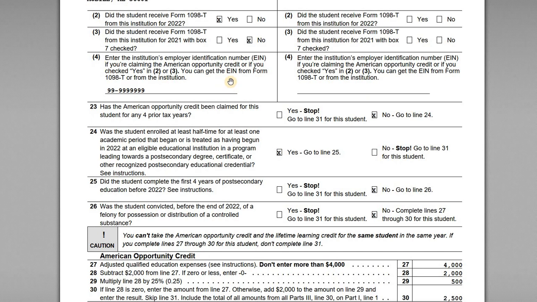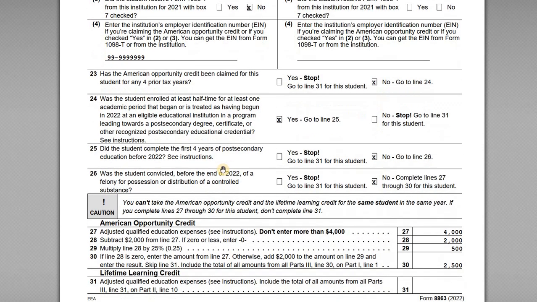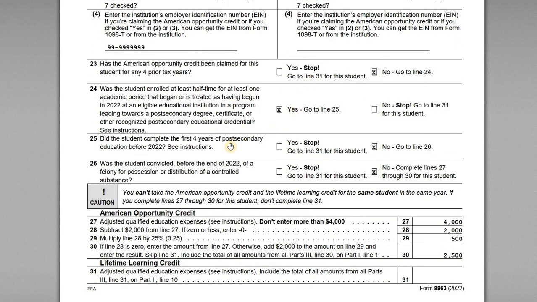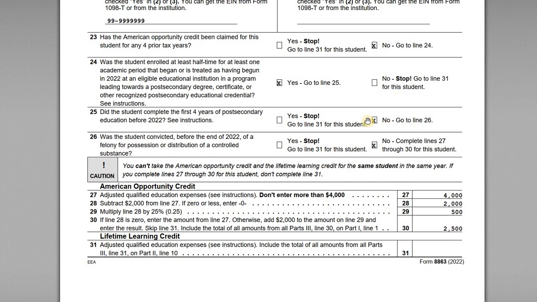Again, you can pull all this information off the 1098-T. And then the same questions as they were posed to Adam. We have not claimed the American Opportunity Credit for 4 years. We were enrolled at least half-time and pursuing a degree. She has not completed the first 4 years of post-secondary education, and she was not convicted of a felony related to drugs.